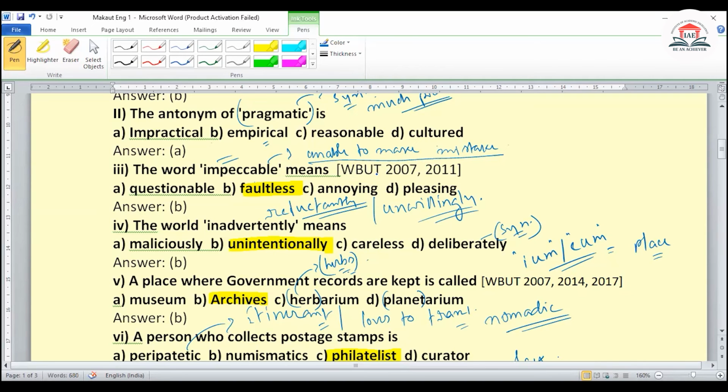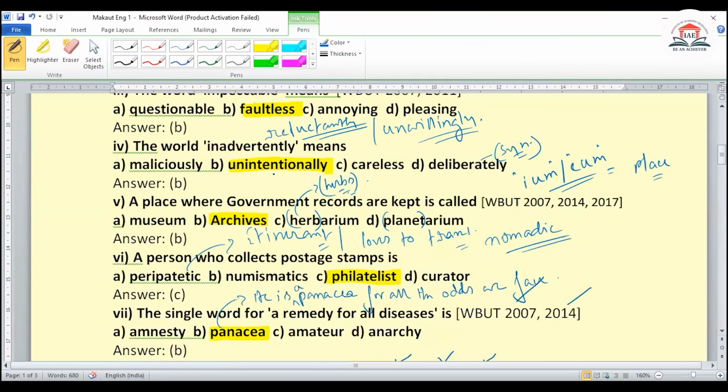At least try. Antonyms. Impeccable. Antonyms, yes. Impeccable, unable to make mistakes. गलतियां कर ही नहीं सकते. Incorrigible तो दूसरा चीज हो गया. मतलब सुधार नहीं सकते. Right?